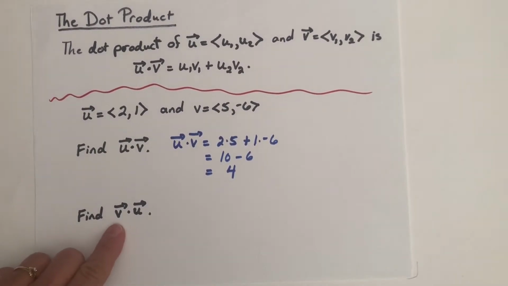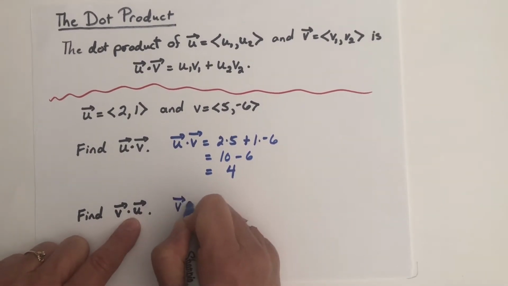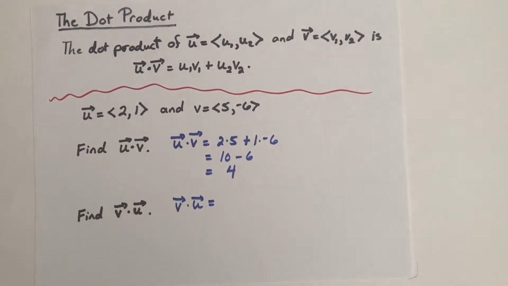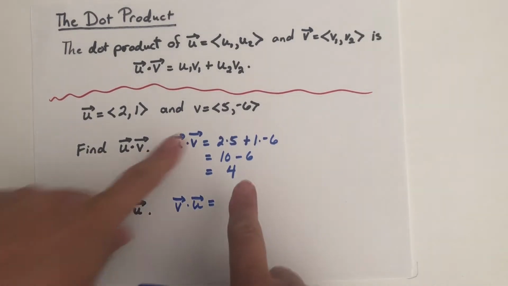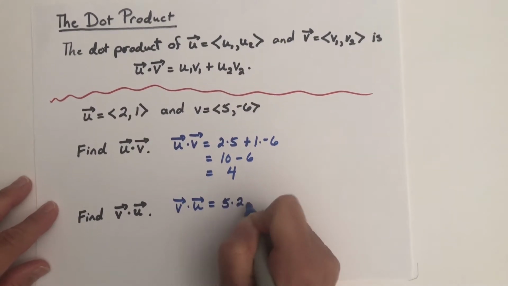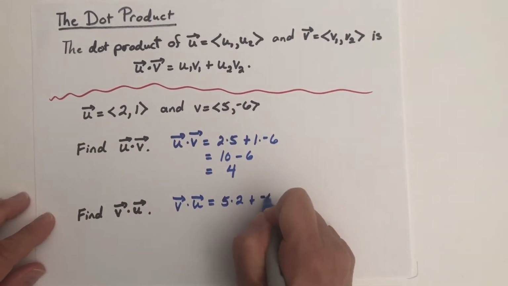Now I want you to see v dot u. I want you to see whether the dot product is commutative. So we'll start with 5 times 2 plus -6 times 1.